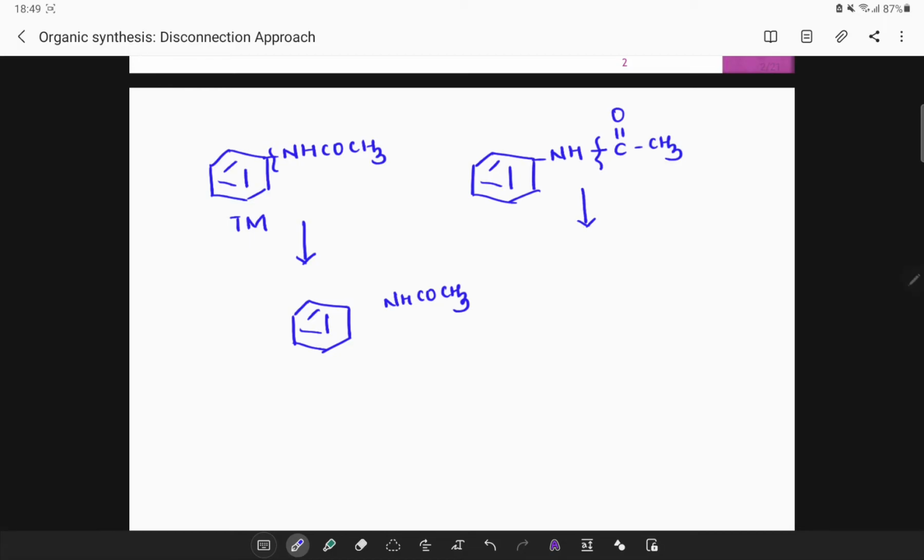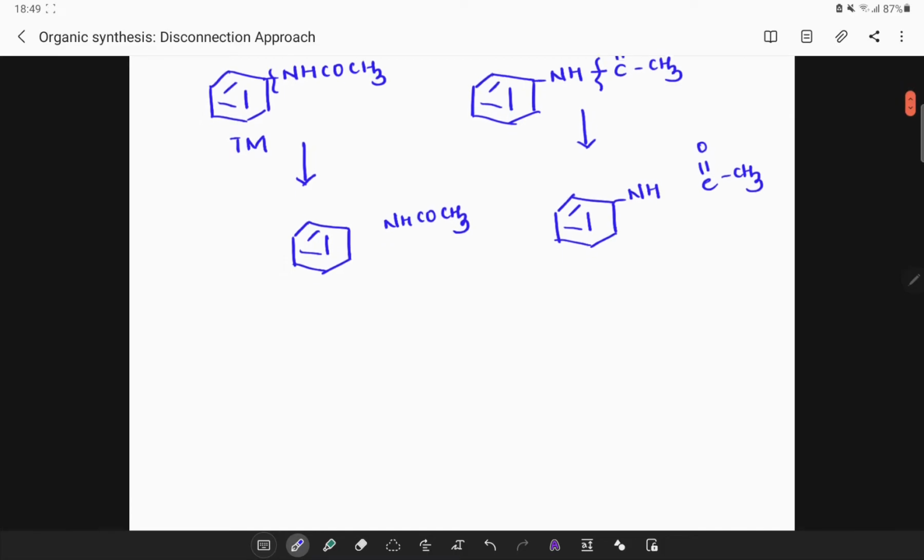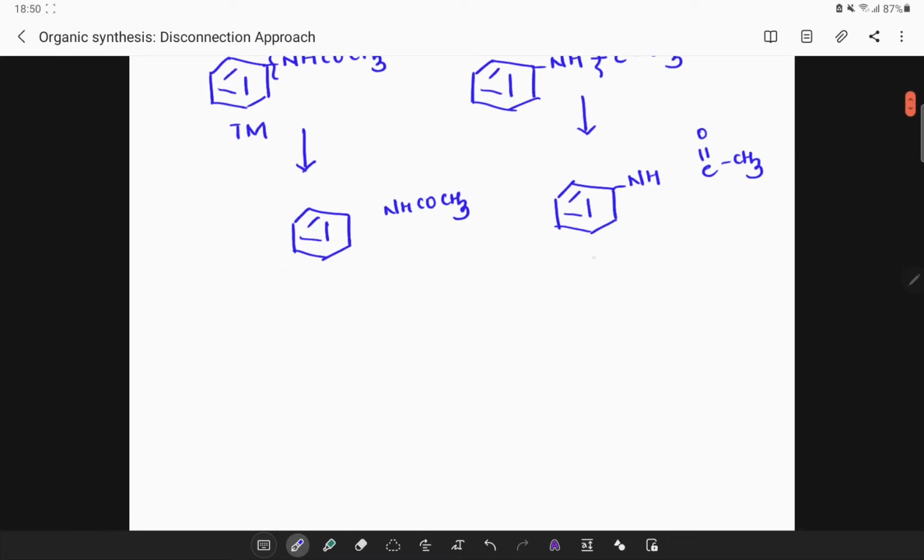In this second approach, I can break down the system so that I get an NH, and the other system is COCH3. Now we know that NH can be represented as an aniline system. So if I write NH, I can write a commercially available system like aniline.